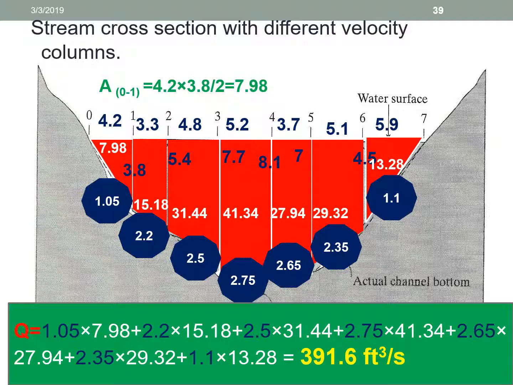The next one will be 2.35 times 29.32. The last one will be 1.1 times 13.28. That means Q1 plus Q2 plus Q3 plus Q4 plus Q5 plus Q6 plus Q7. So if you add all of the Q's, or discharges, you will find 391.6 feet cubed per second.